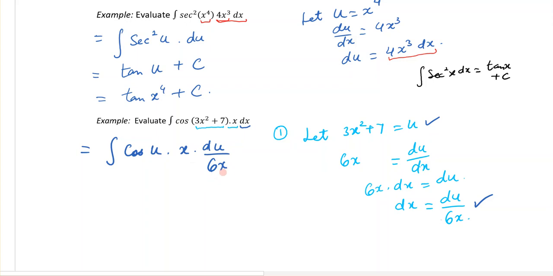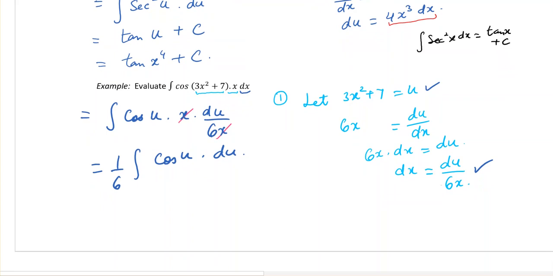So we need to get rid of all the x's, and we can notice that x gets cancelled. So what we have here is essentially cosine of u du, and 1 over 6, which is just a scalar constant, we can bring it outside the integral.